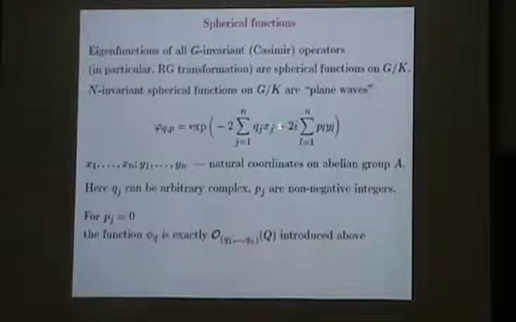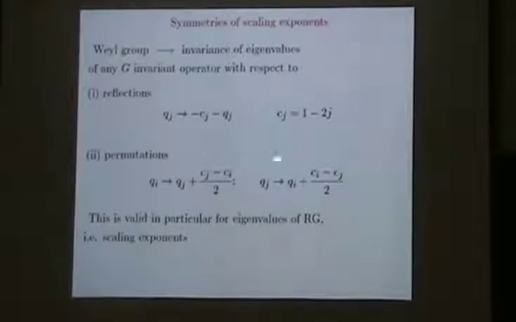So X, J are coordinates on this group A, and Q's are coefficients which play a role as essentially angular momentum. So you can think of these Q's as parameters that label the corresponding angular momentum on these manifolds. And there are symmetries that tell you that you can make a reflection of this momentum with some shift, and the eigenvalue will not change.